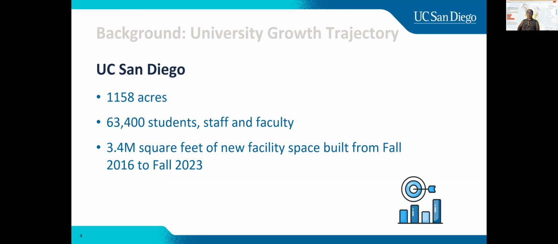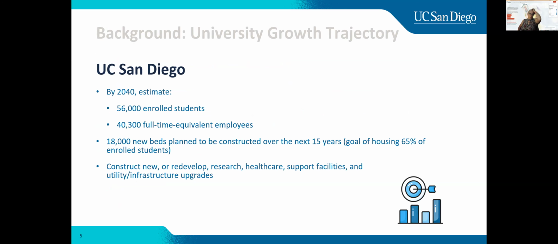And if we look toward the future, by 2040 we're estimated to have 56,000 enrolled students and 40,300 full-time equivalent employees. So that is quite a trend toward a lot of people.